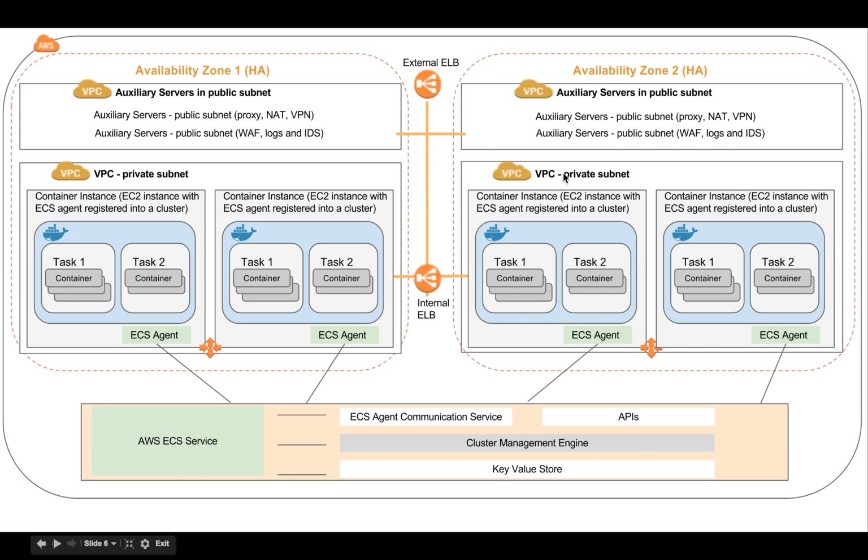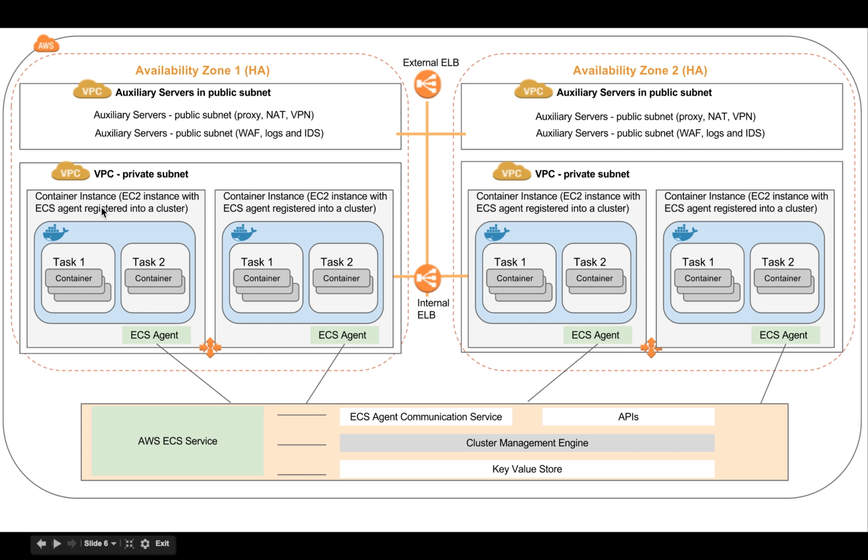These 2 things are represented by a private subnet, and this is what constitutes your managed cluster. And each container instance is represented by this little Docker running box, which has two tasks. In our case, task one has three related containers that should live together, and task two has two containers, and so on.